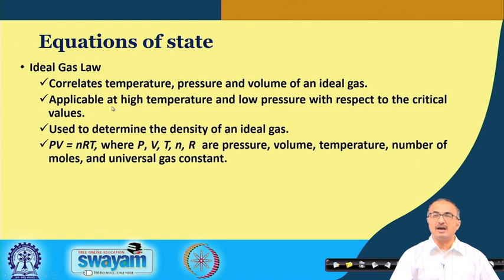And you see that ideal gas may be assumed when the gas is at high temperature and low pressure, and perhaps also you are aware of the various assumptions made for the ideal gases which are there in our school day textbooks. Now, this kind of equation of state is often used to find out the density of the ideal gas, and here we have the particular equation PV = nRT with the various notations here.